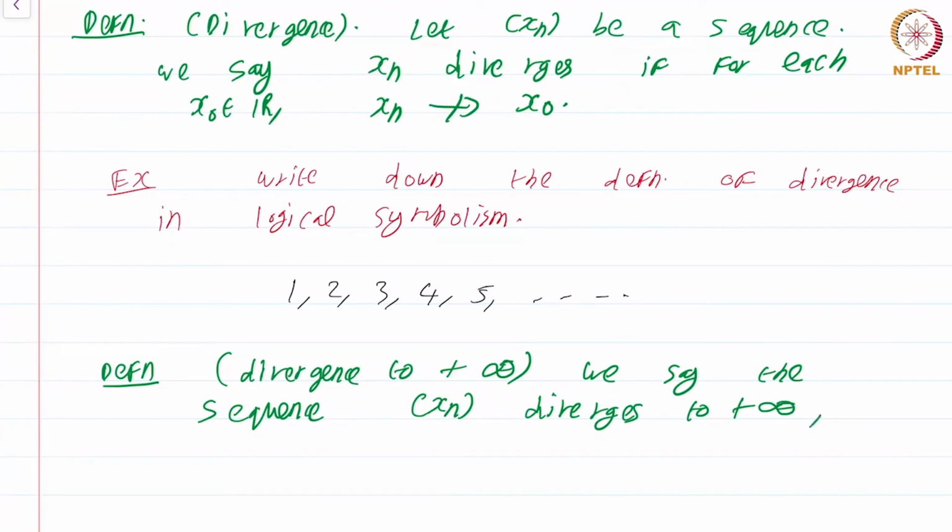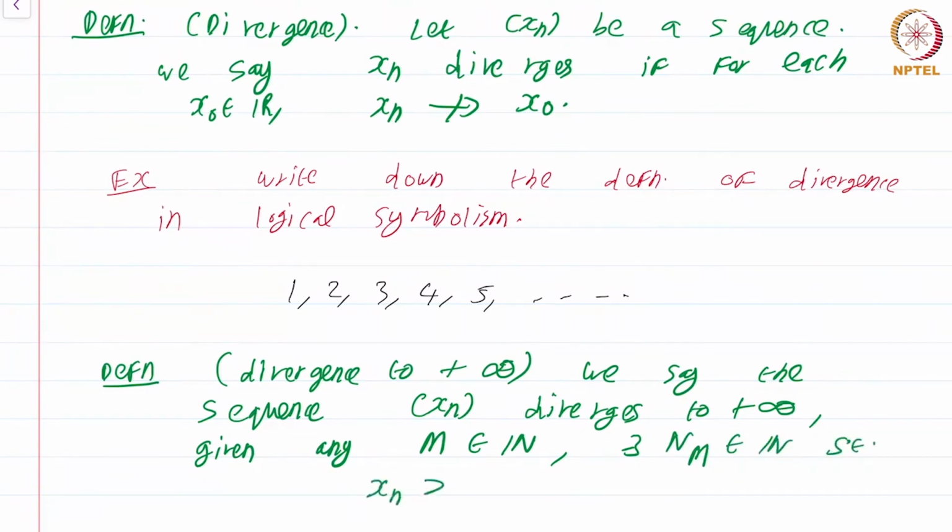given any m in the natural numbers, there exists n subscript m in the natural numbers such that xn is greater than m for all n greater than n subscript m. Okay?